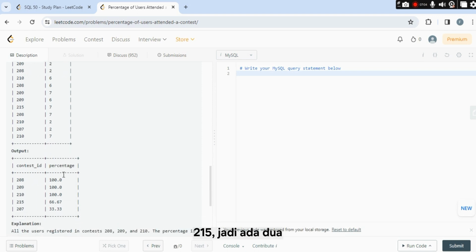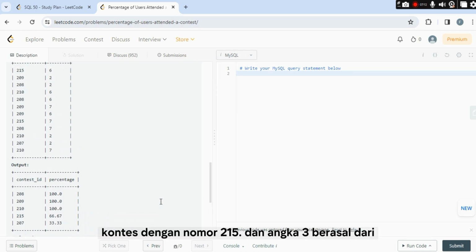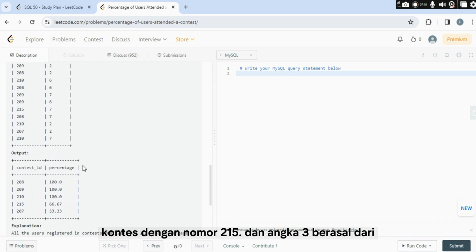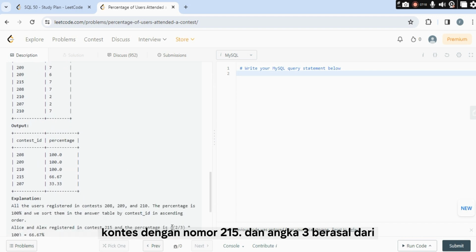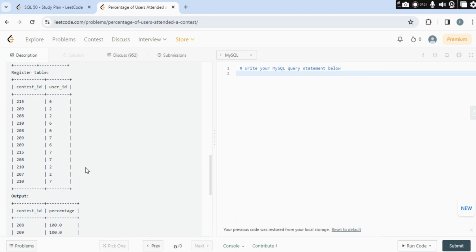So there are 2 users that participated in contest 215, and the 3 comes from the total number of users.